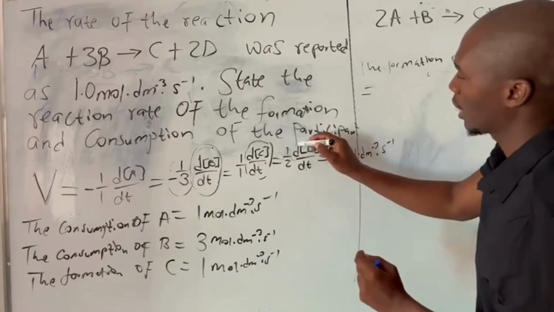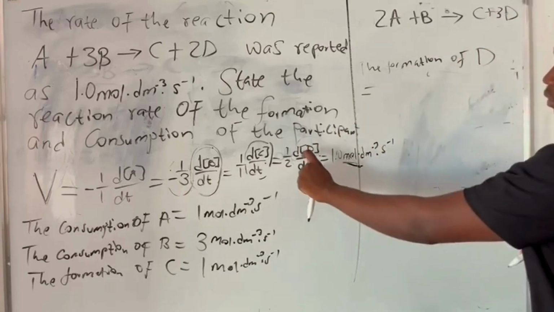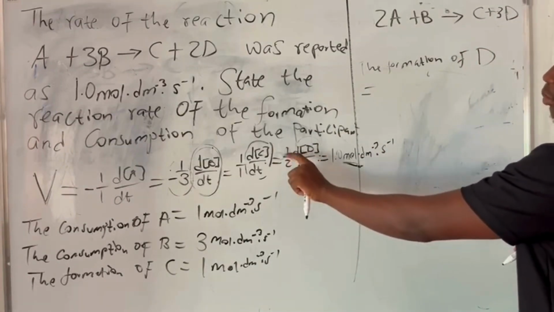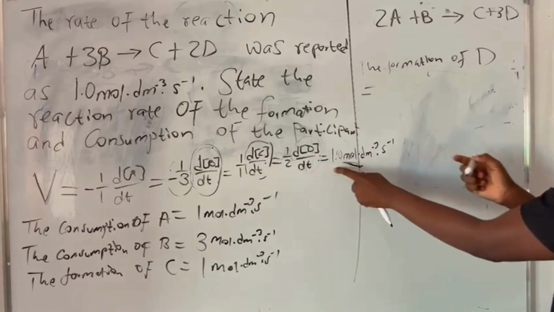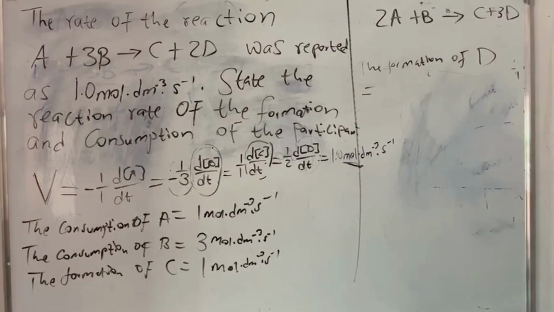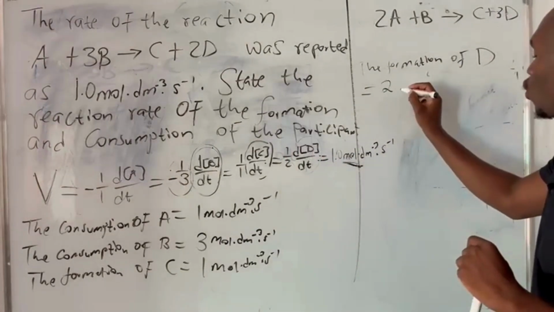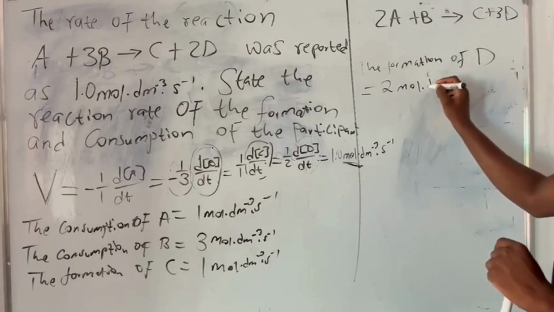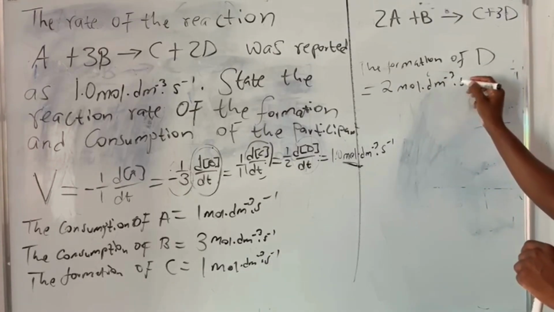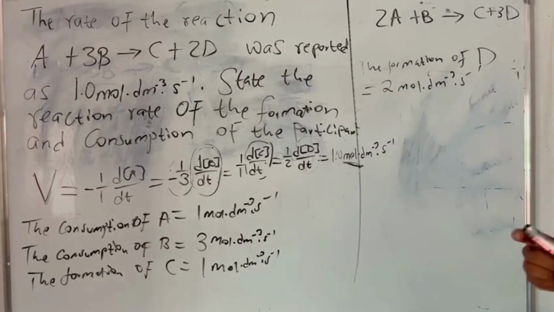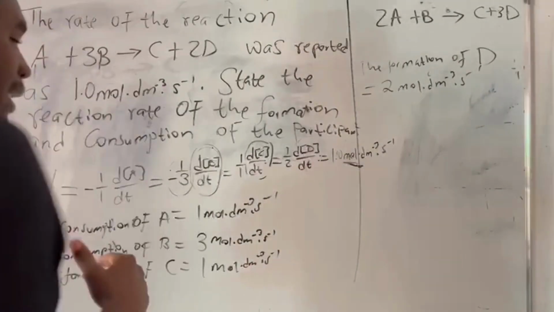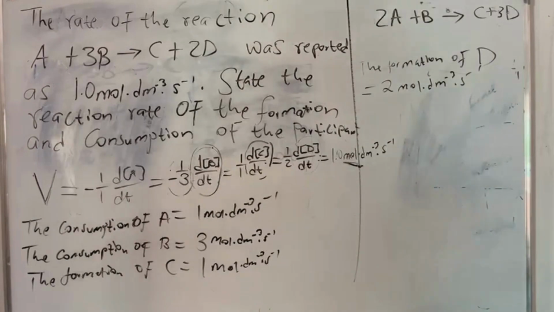The rate is this one, but we have a problem with this one, so we multiply by 2 on this side and by 2 here, and we find that the formation will be 2 mole per decimeter cube per second. So in short, that is how we find the rate of consumption or the rate of formation.